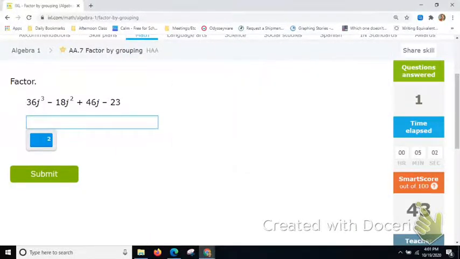So, parentheses, 18j squared plus 23, close the parentheses, new parentheses, 2j minus 1.